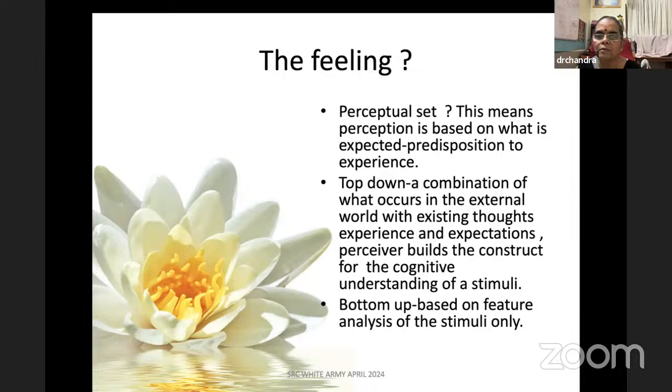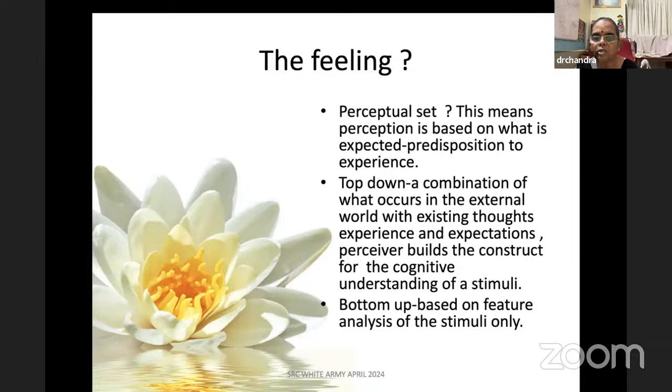Top-down is based on a combination of what occurs in the external world, that is the color, contour, movement, shape, size, with existing thoughts, experience, and expectations. The perceiver builds the construct for the cognitive understanding of a stimulus. So you see the eyes, nose, ears, limbs, and you have a perceptual set. You build them together and make the construct.